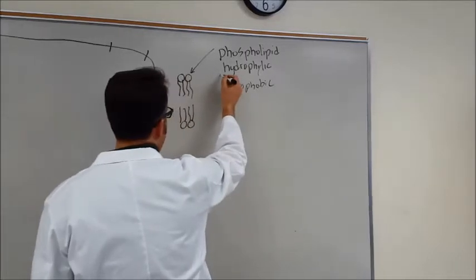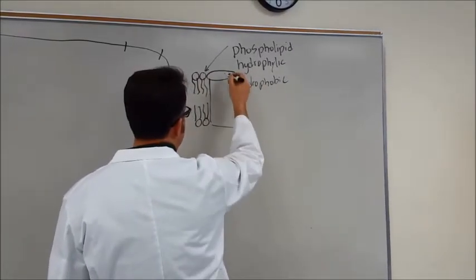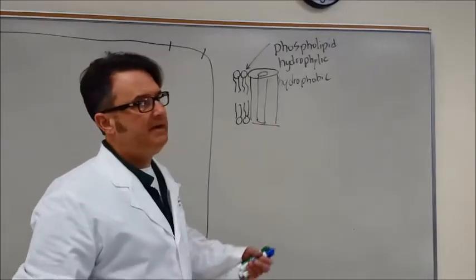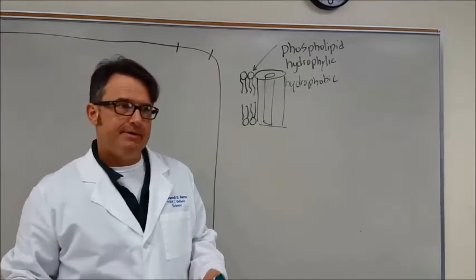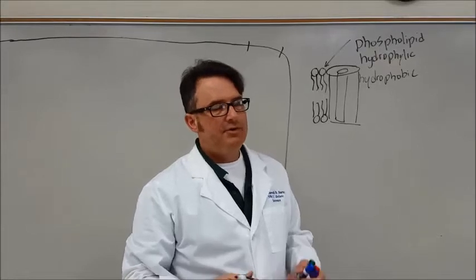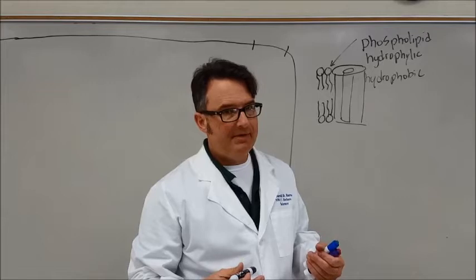Also in membranes, there will be protein channels. Protein channels allow certain ions into and out of the cell that are too big to normally move. Some chemicals are too large to be normally transmitted through the cell membrane.